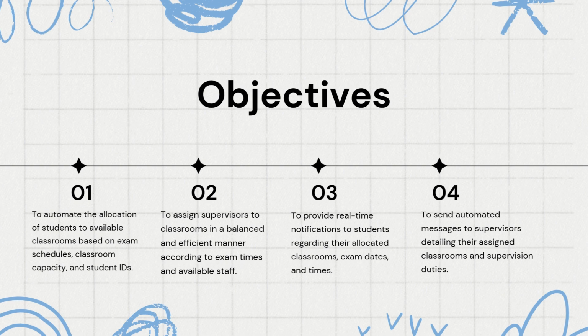Third part is to provide a real-time notification to students regarding the allocated classroom, exam date and time. And the fourth part is to send an automated message to supervisors detailing their assigned classroom and supervision duties.